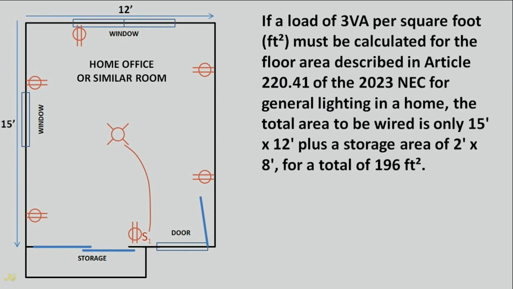If a load of 3 volt-amperes per square foot must be calculated for the floor area described in Article 220.41 of the 2023 NEC for general lighting in a home, the total area to be wired is only 15 feet by 12 feet plus a storage area of 2 feet by 8 feet, for a total of 196 square feet.